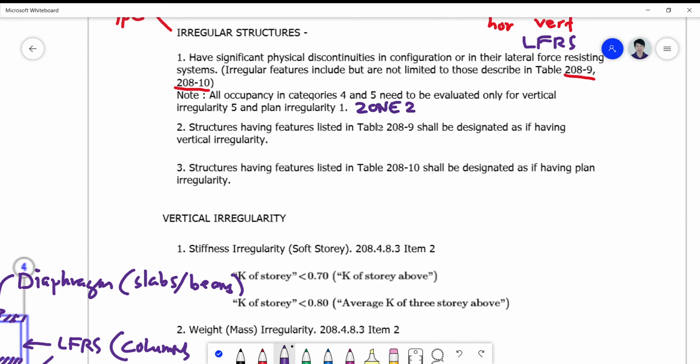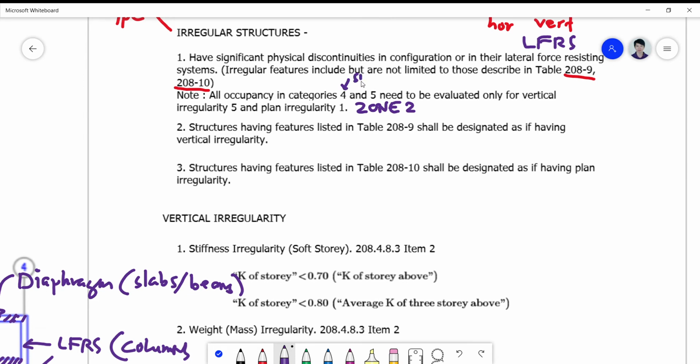That's why when we are talking about the Philippine setting, all occupancies including 4 and 5 are not exempted to be considered in your configuration for irregular structures.